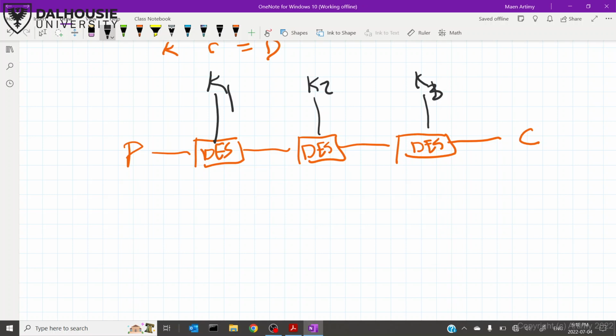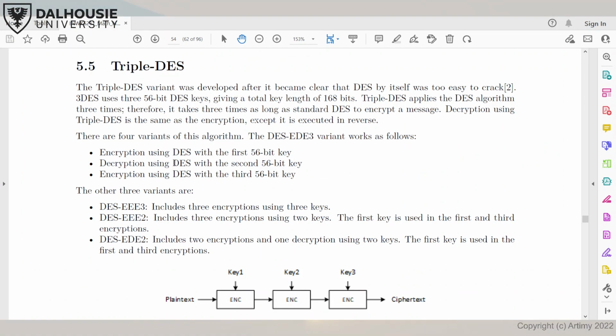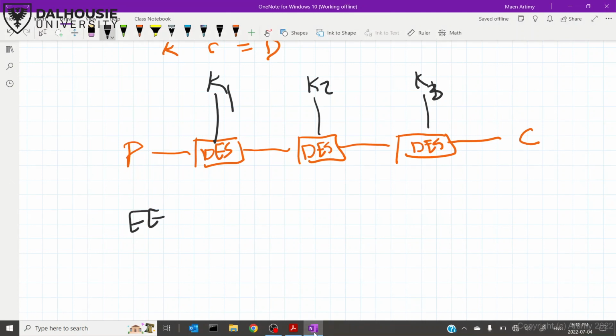Okay, so these will have names, and the names will give us a clue about the technique and the number of keys. So this technique that I mentioned can be called EEE, or let's call it 3DES, EEE2. So encryption, encryption, encryption, with 2 keys, or EEE with 3 keys, right?